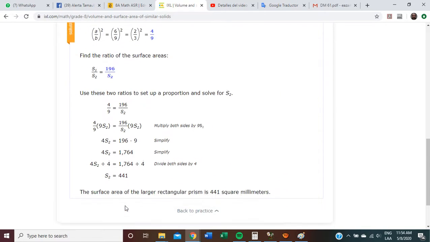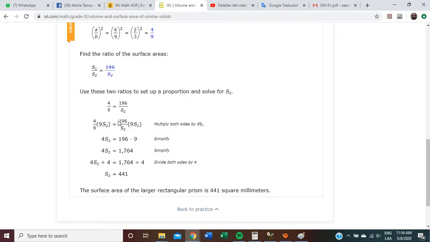Once we have this, we are going to multiply this times this. So this times this equals 9 S2. All right, and we're going to multiply this by the product of this.